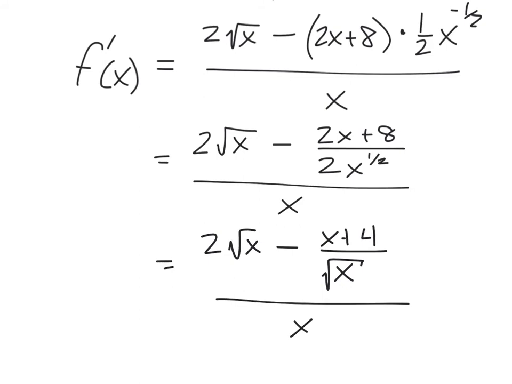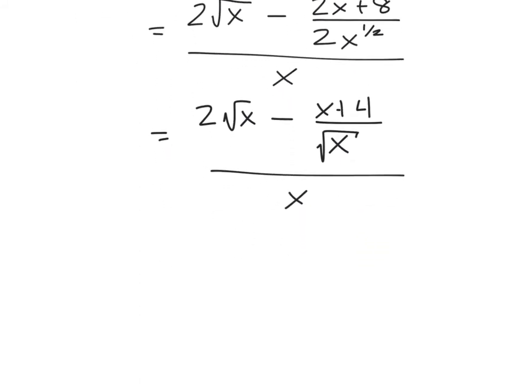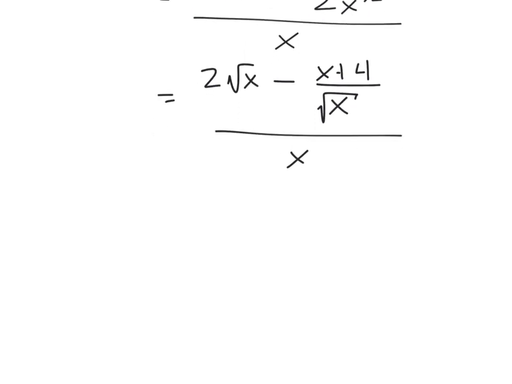I got to find a common denominator here. So the common denominator is just going to be root x. So basically I'm just multiplying this first function here by root x over root x, right? In order to make that work. So what that's going to look like, root x times root x is just x.